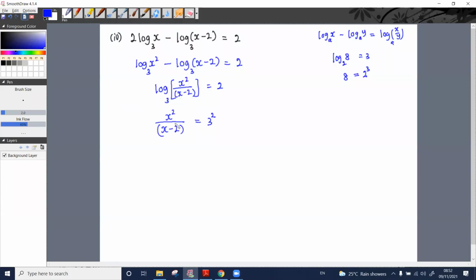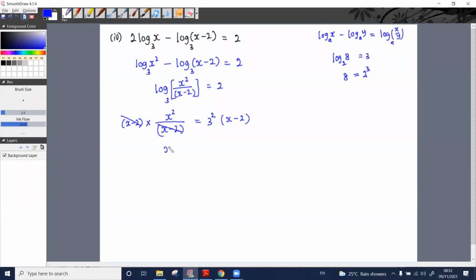Now we need to find the value of x, but it is in the denominator. We need to get rid of this situation. So what can we do? We can multiply both sides by x minus 2. Then this one and this one cancel.